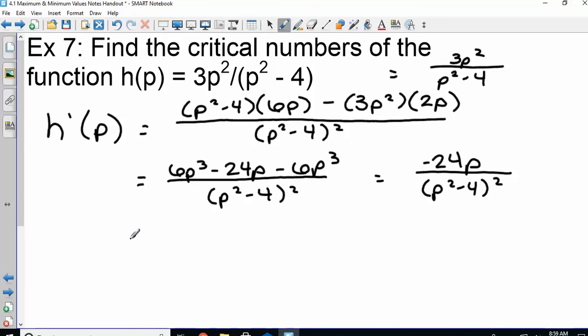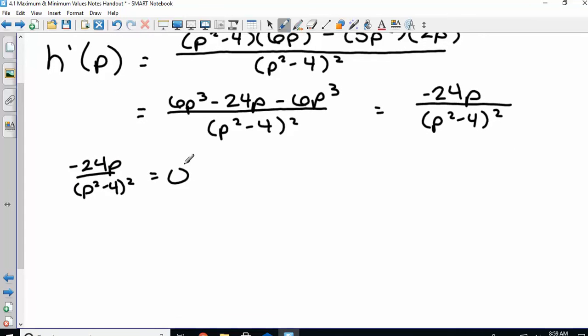Critical points have been two places. Where this derivative is 0 and where it is undefined. If I want to figure out what makes it equal 0, you would just multiply off the bottom, divide by -24, and you get p equals 0. How do you figure out where a fraction is undefined?